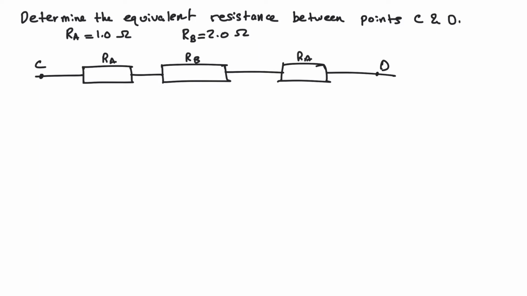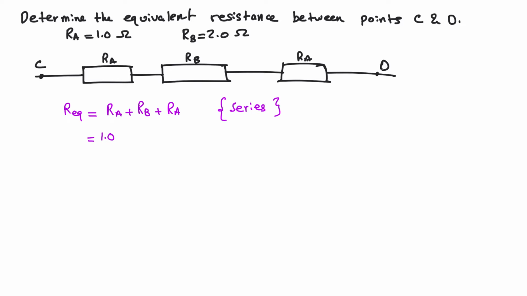So because we know they're connected in series, the equivalent resistance is going to equal RA plus RB plus RA. This is because they're connected in series, and I'm just going to write it out. And the rest is just plugging in the values. So RA is 1 ohm, RB is 2 ohms, and for equivalent resistance, I'm okay if you don't write the units.